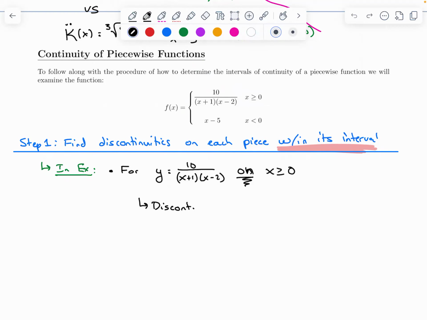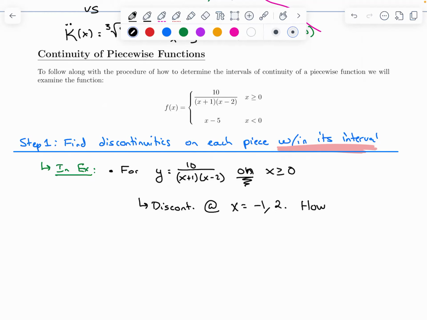So if I'm just looking at that piece, that function, ignoring everything else, it is discontinuous at x equals negative 1 and 2.